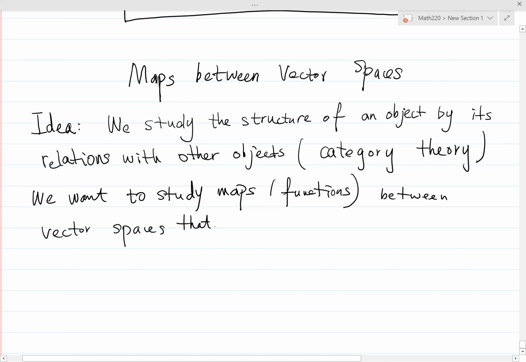We do not want to destroy the structure as a vector space, so we should preserve the key feature: the vector space structure.